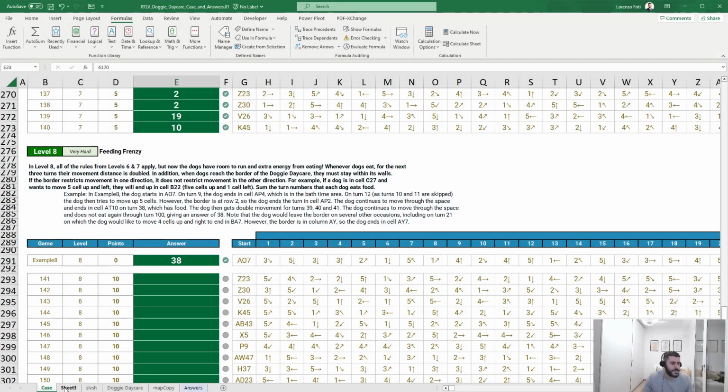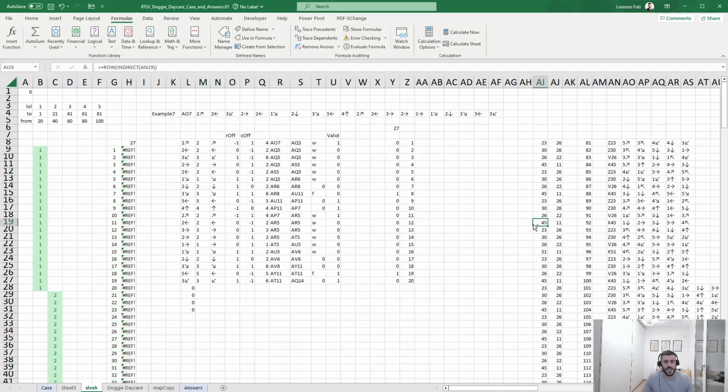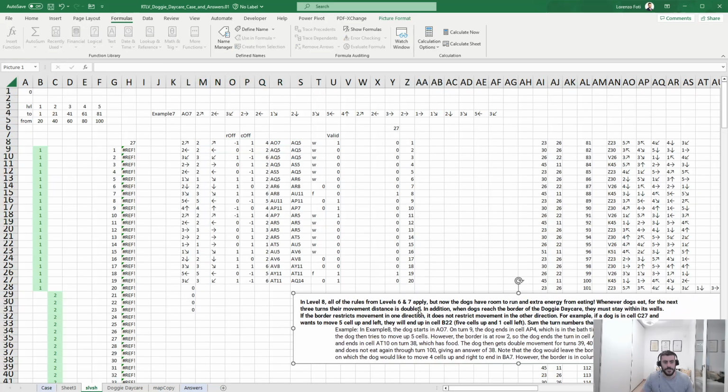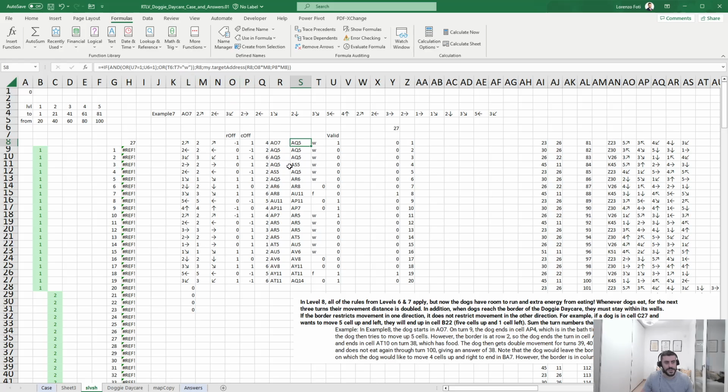That's not a very complicated question, but I quickly realized that with my current setup, what was an advantage in the previous level, so having this lambda built, is not an advantage in this case because my lambda doesn't manage the boundaries.